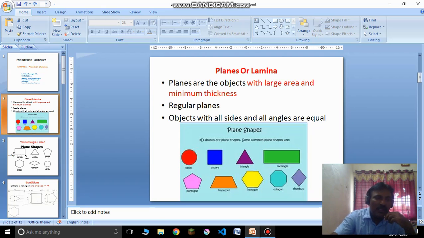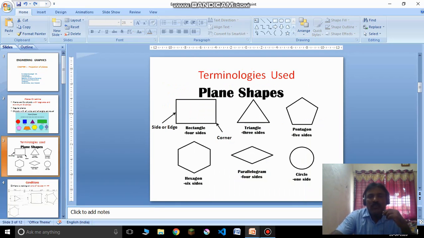In this chapter we have to use some important terminologies. If I take an example of a rectangular lamina as you are seeing on the screen, it has 4 sides, which we also call edges. These are edges, 1, 2, 3, 4 edges.